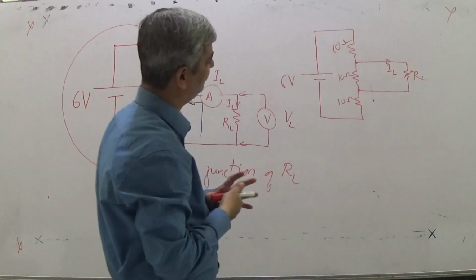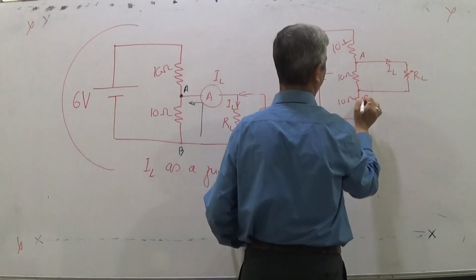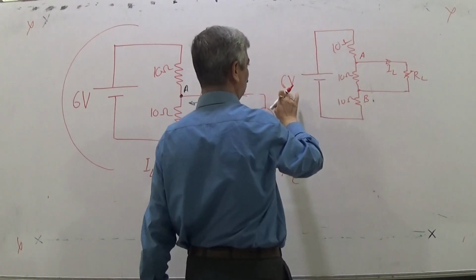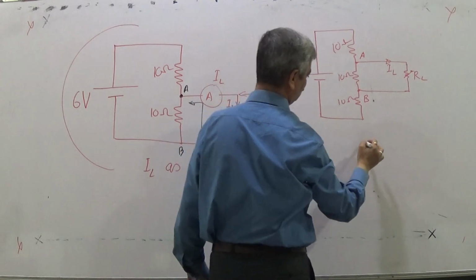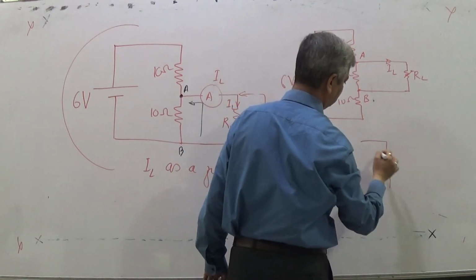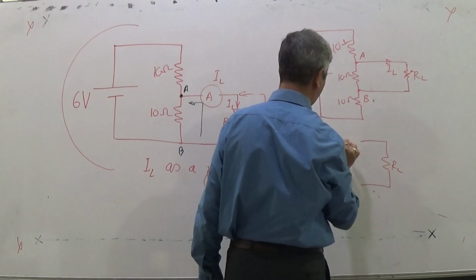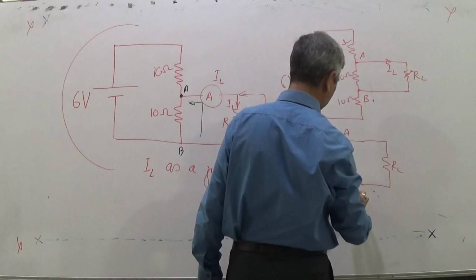So this is point A and point B. So a very large circuit consists of one voltage source, 3 resistances connected between point A and point B. So your RL is this, and these are point A and point B.